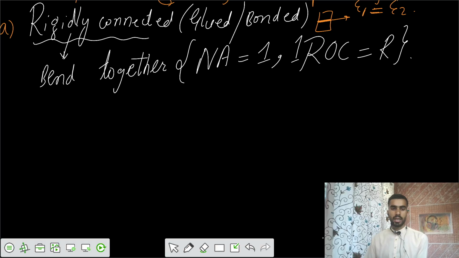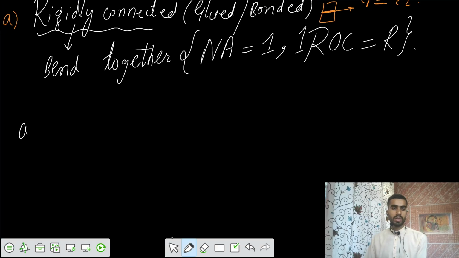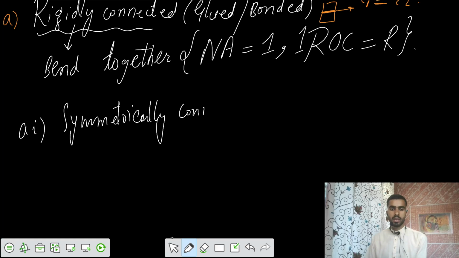The first case is called the symmetrically connected composite section.